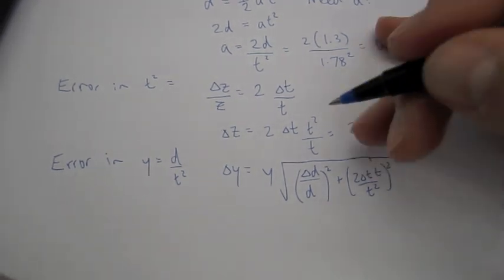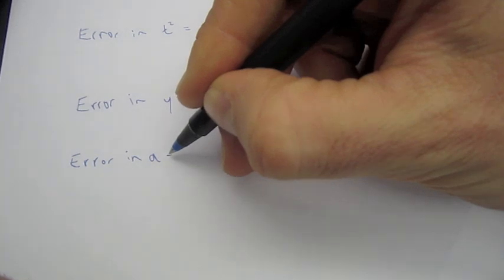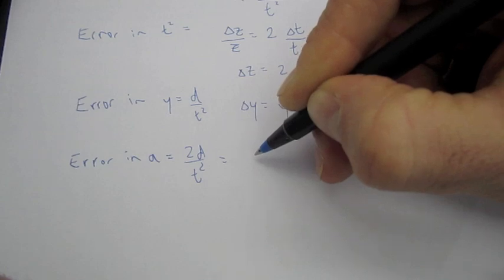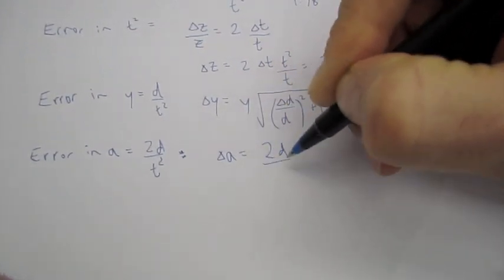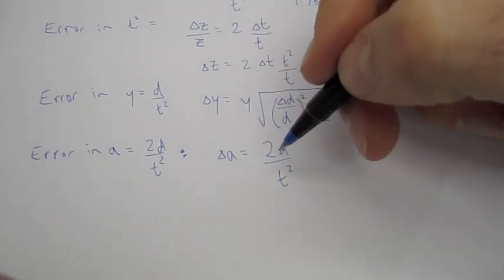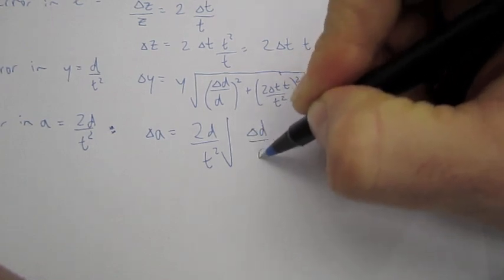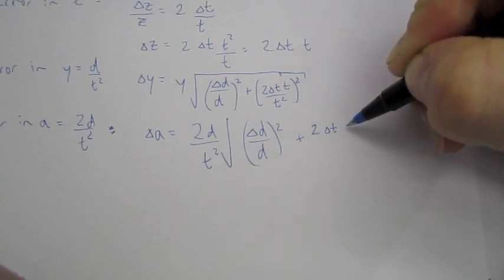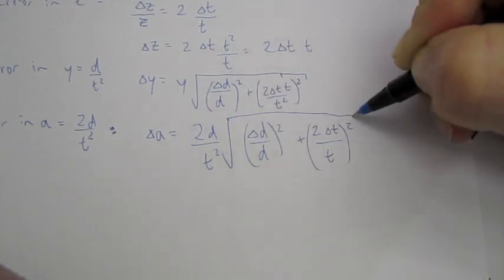Okay, and the error in a, the acceleration, which is equal to 2d over t squared, is going to be delta a equal to 2d over t squared, multiplied by the factor square root of delta d over d squared plus 2 delta t over t all squared.